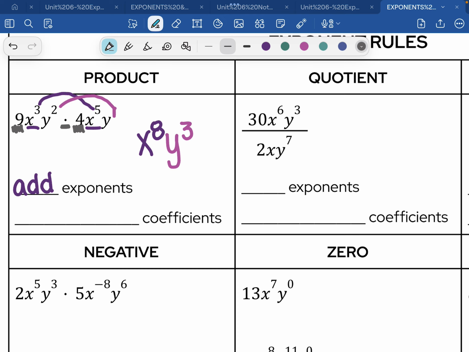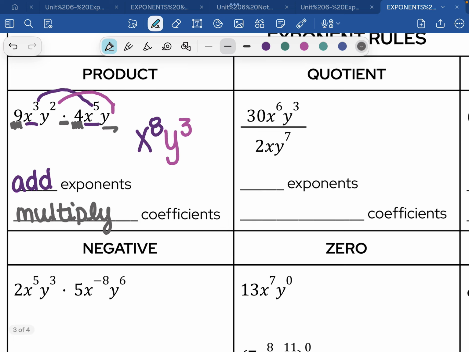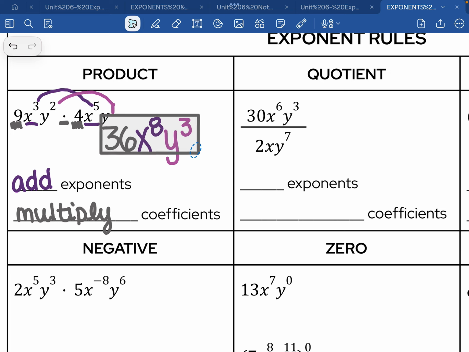Those are not exponents, those are just regular numbers. So we are going to multiply our coefficients, or regular numbers. So in this case, 9 times 4 would be 36, and that's it. Multiply your coefficients, add your exponents, and you're good to go on that one.